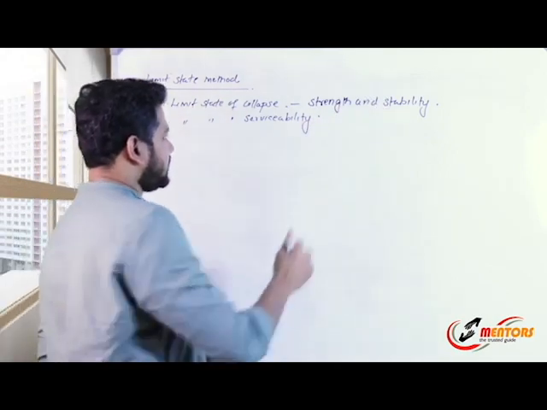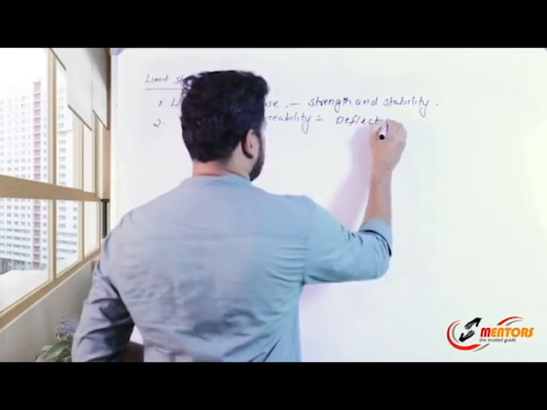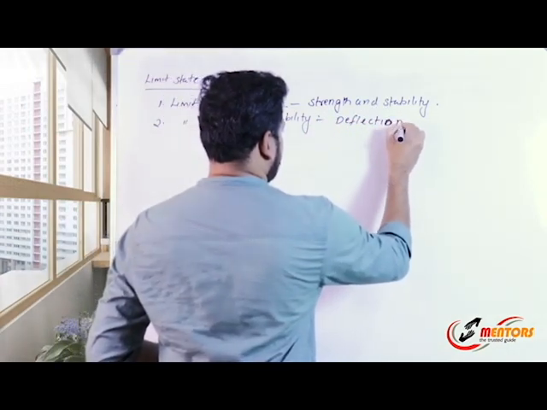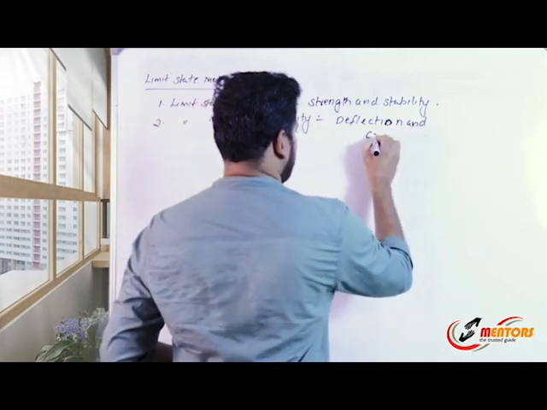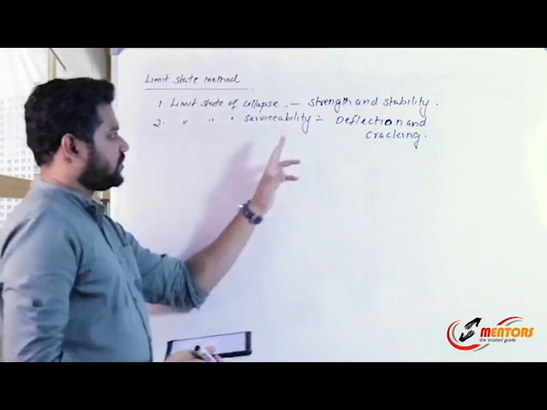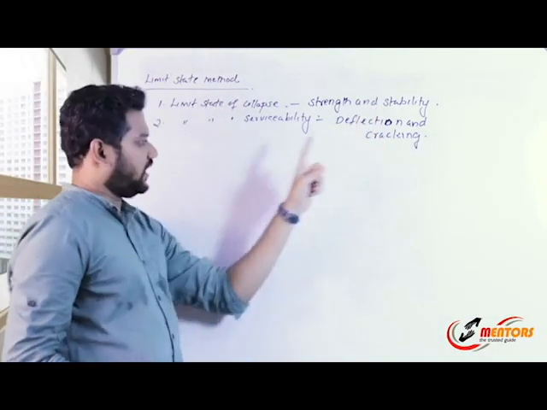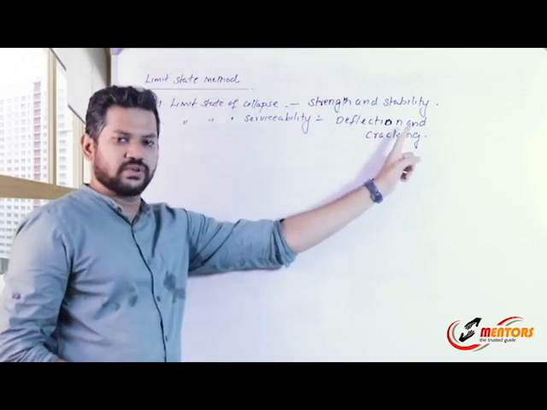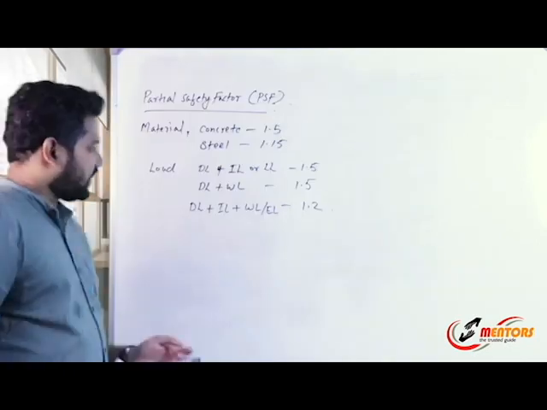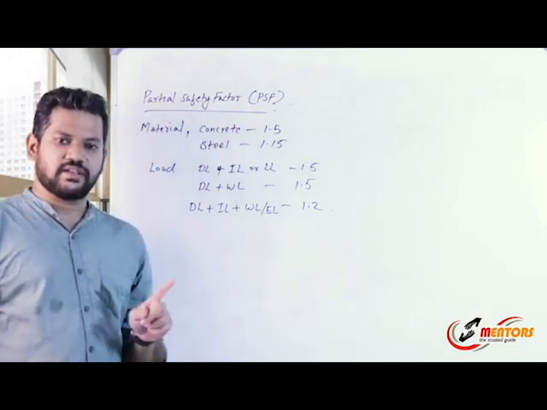Then the limit state of serviceability deals with deflection and cracking. These are the points you need to keep in mind. The limit state of collapse deals with strength and stability, and the limit state of serviceability deals with deflection and cracking.